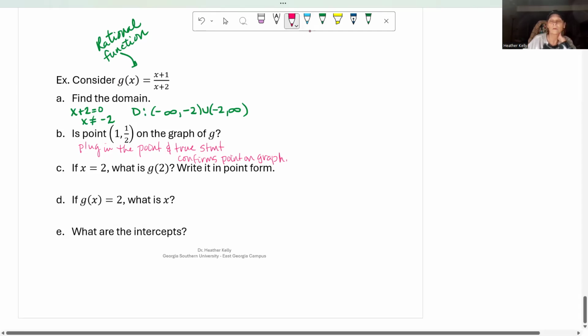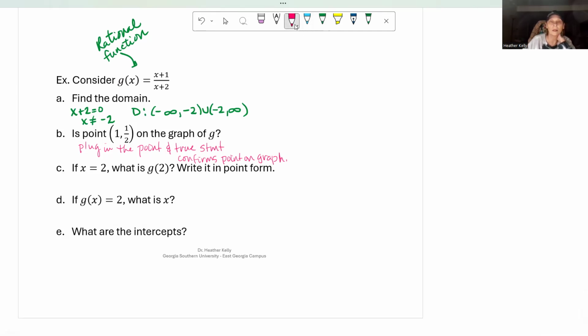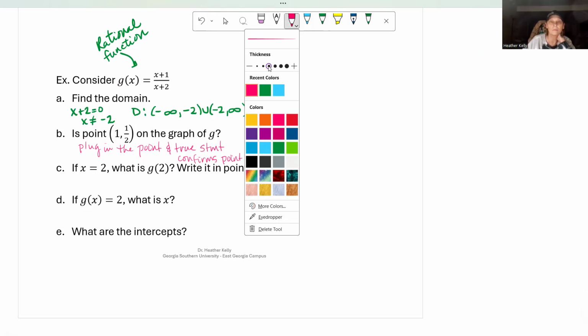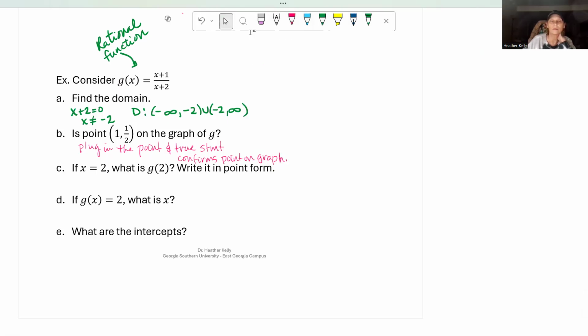Okay, so let's do that over here. I gotta get my stuff a little thicker here. It's hard to write that thin.